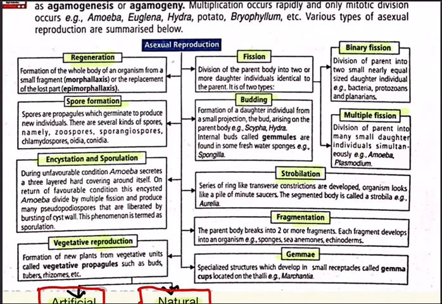Next, the fourth one is regeneration. This is the special ability of only some blessed organisms. It is the ability to regrow lost parts.